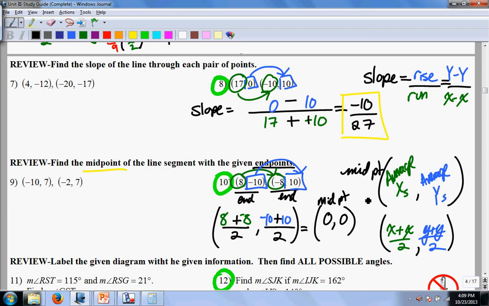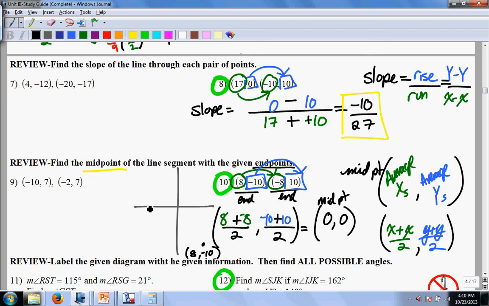What's really nice is it's easy to just do a little quick sketch of these, and you should be able to see pretty easily whether or not you're correct. So let's just do a baby quick sketch. Our first endpoint was 8 and negative 10. So if you were to go over 8, down 10, there it would be. That's 8, negative 10. And the other one is negative 8, positive 10.